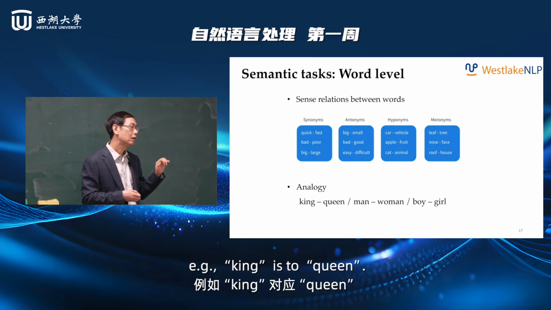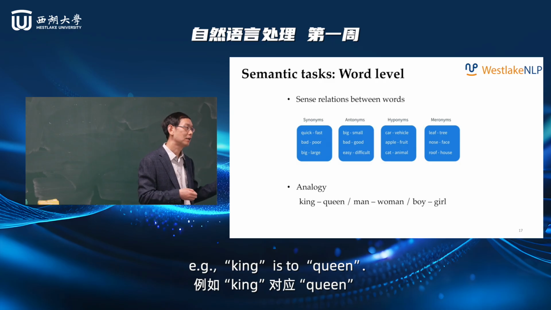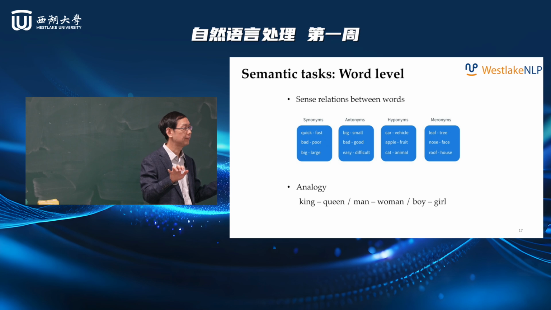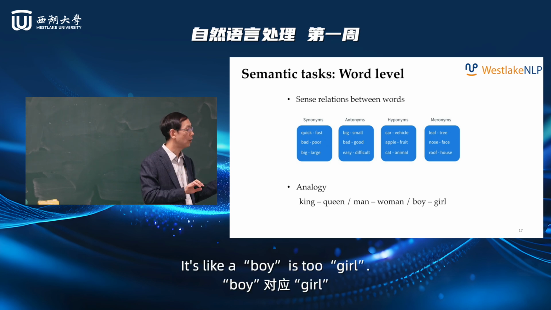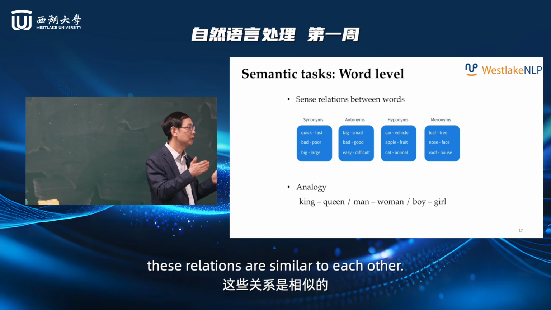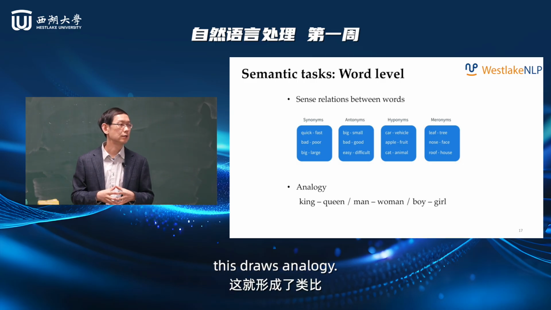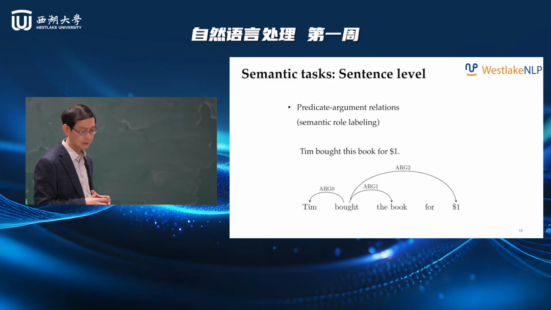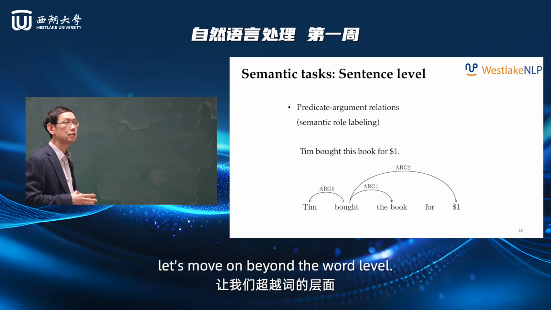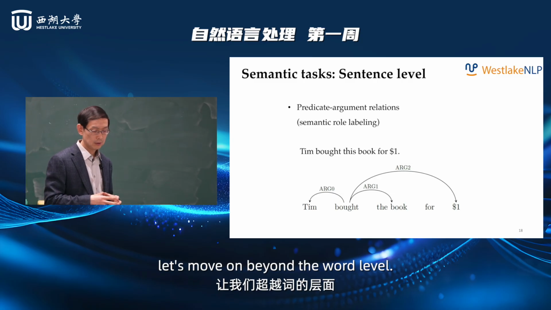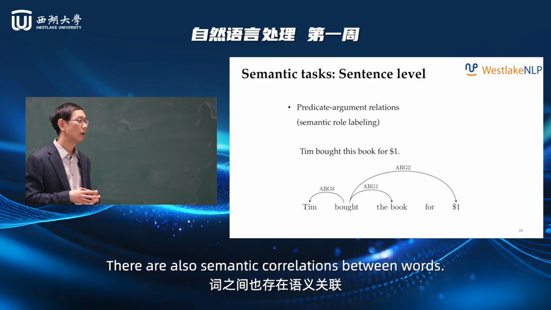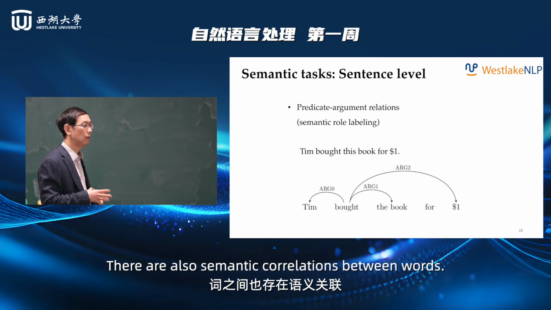For example, king is to queen like man is to woman, like boy is to girl. So these relations are similar to each other. So this draws analogy. All right. So let's move beyond the word level. On the sentence level, there are also semantic correlations between words.